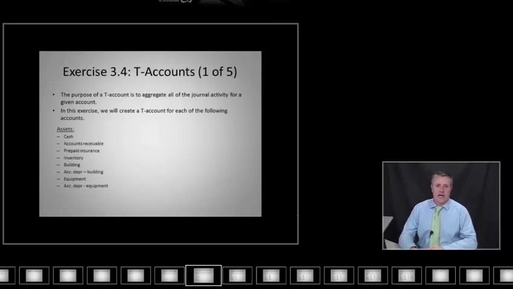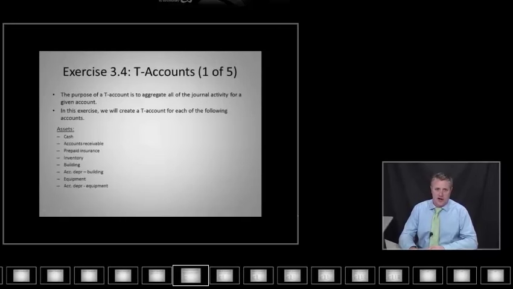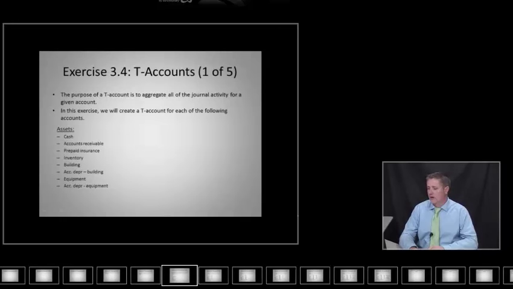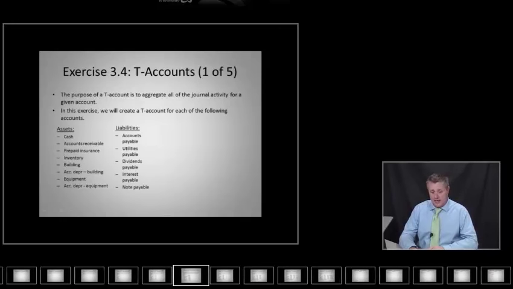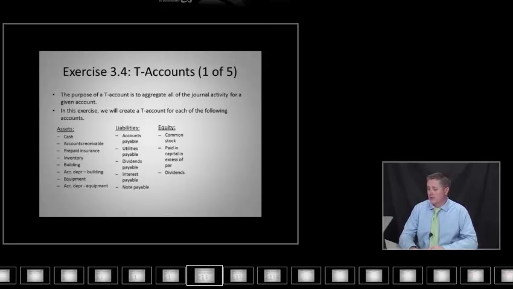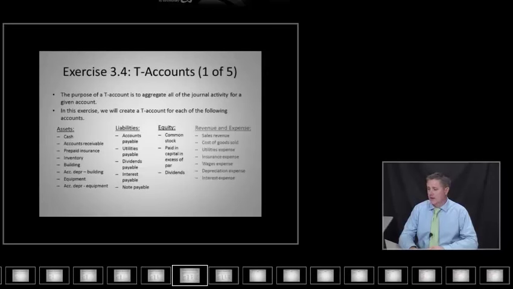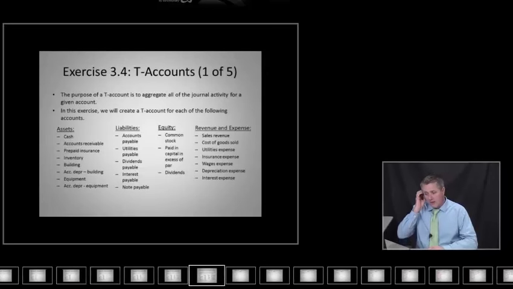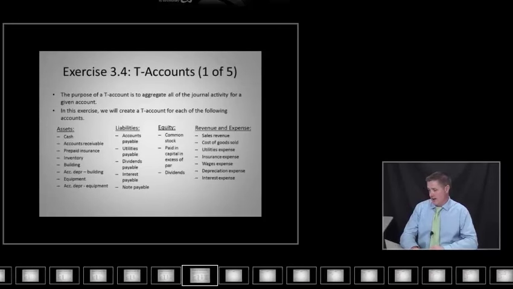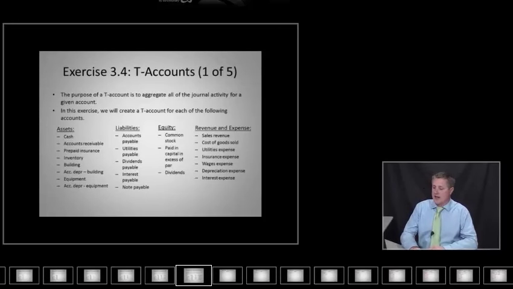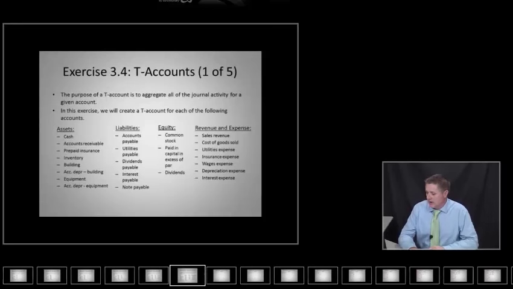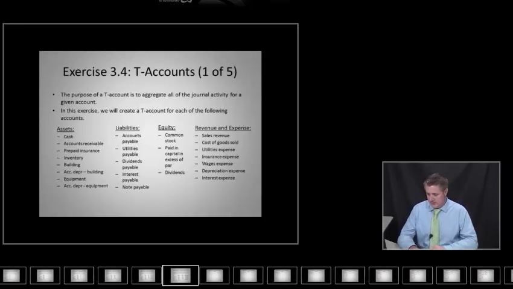Here are all of the asset accounts that we've used in our practice exercise so far. Here are all of the liability accounts. Here are all of the equity accounts. And then finally, here are all of the revenue and expense accounts.